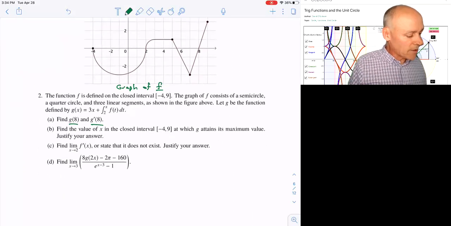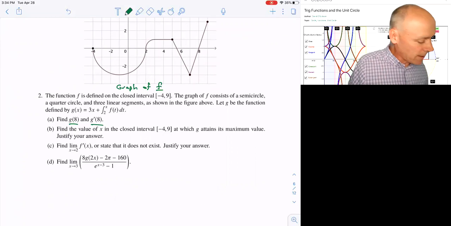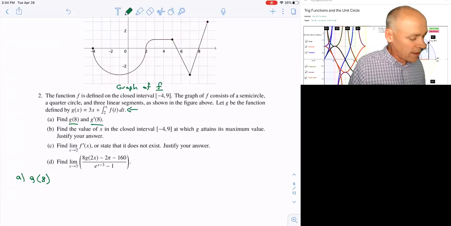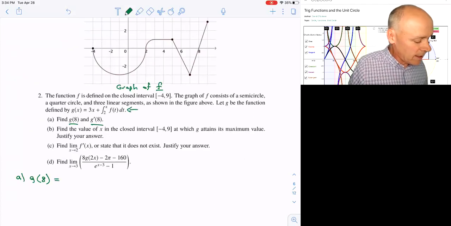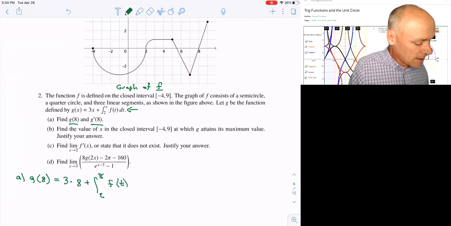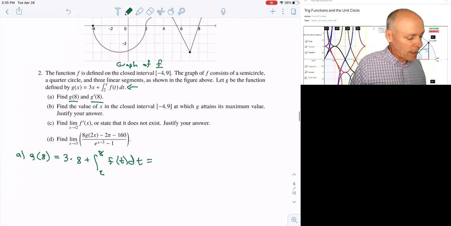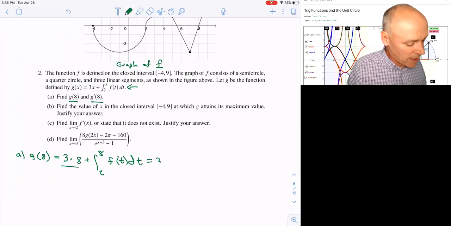So part A is find g at 8. Okay. So for g at 8, all I'm doing is using my definition of g at x. G at 8 is equal to 3 times 8, plus the definite integral from 2 to 8 of f of t dt. Well, I don't want to hurt myself, so I'm just going to do 3 times 8 again.